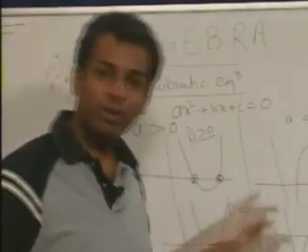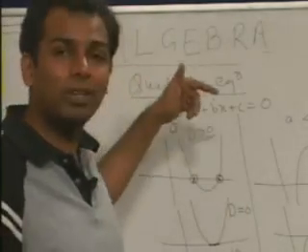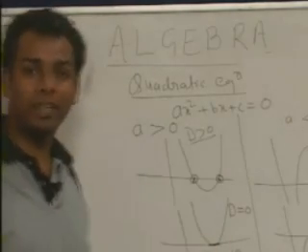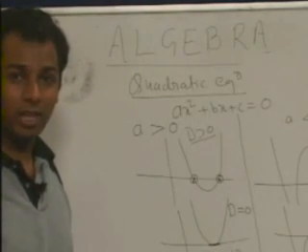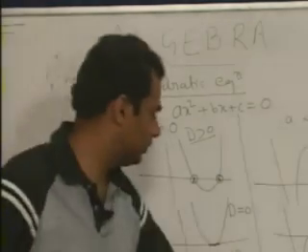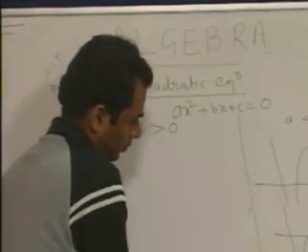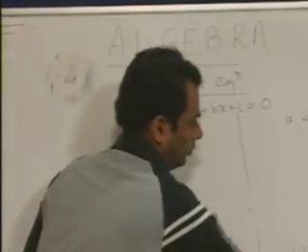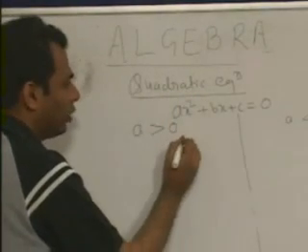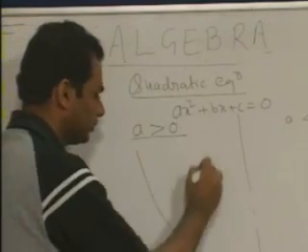And when we are discussing the graph, at the same point of time we can discuss how to find out the maximum or the minimum value of any quadratic equation. Because if you look here, whenever the coefficient of a is positive, we always get the graph like this one.